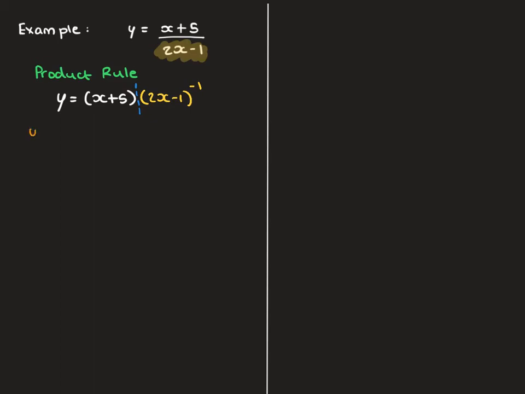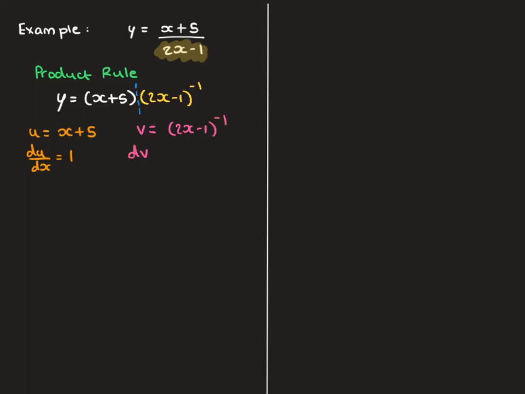So u would be x plus 5, and I can differentiate that to give me 1, differentiating with respect to x, and v would equal 2x minus 1 to the power of negative 1.